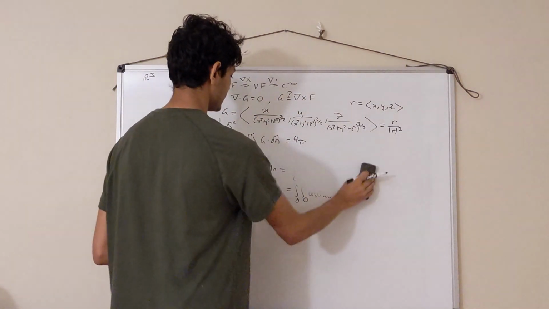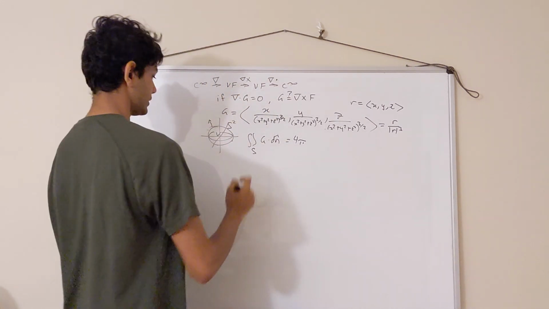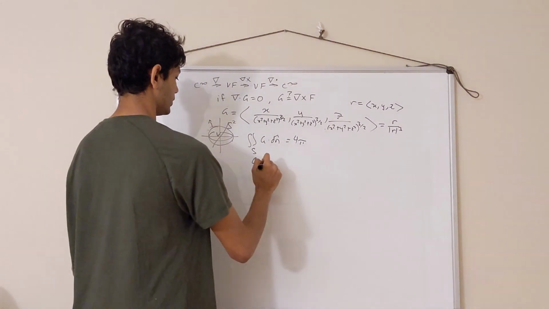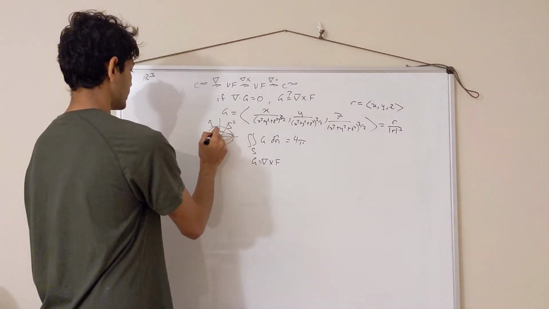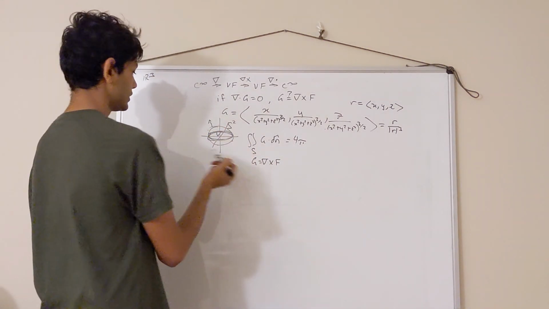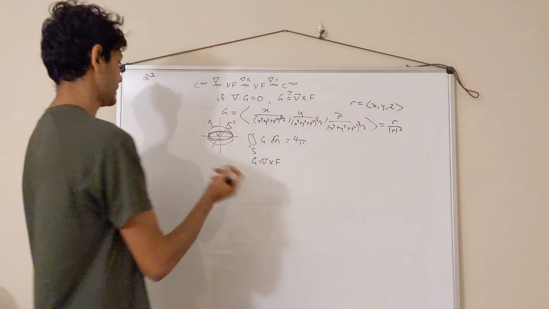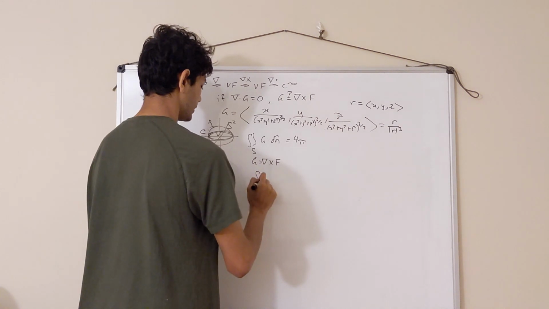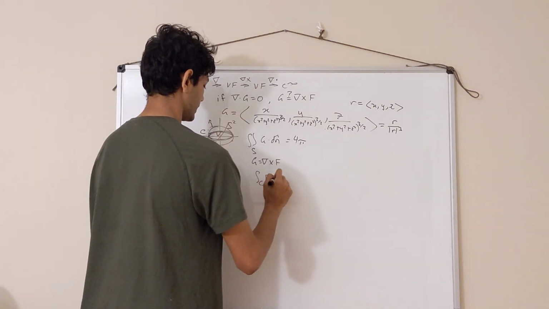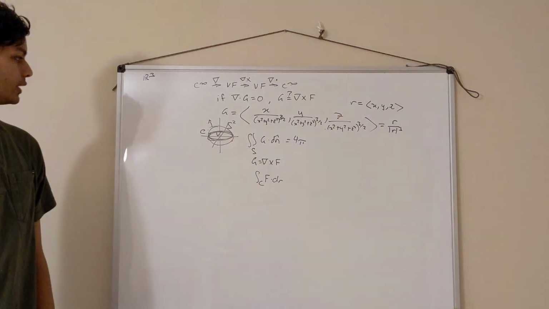So to do that, let's assume that G is equal to the curl of some vector field F. And let's do the following. Let's look at this contour, which is the unit circle in the xy plane, and let's call that curve C. And let's try and analyze what the integral over C of f dot dr is going to be equal to.